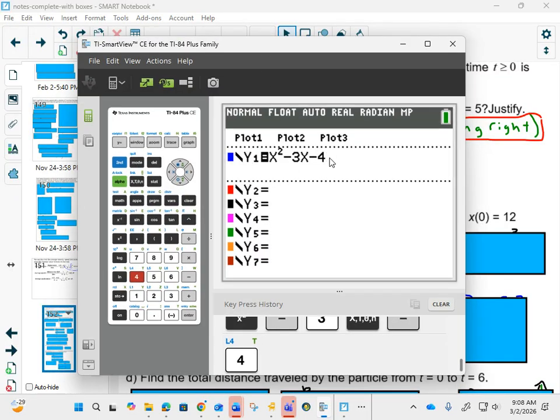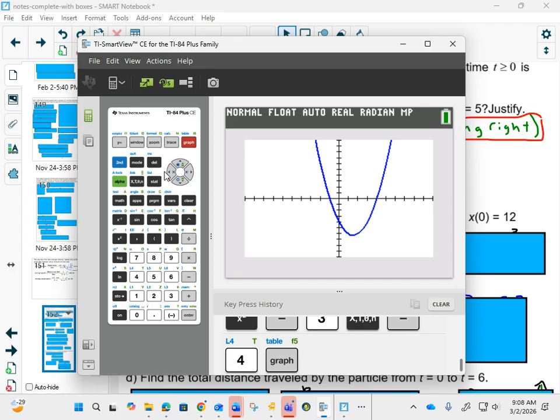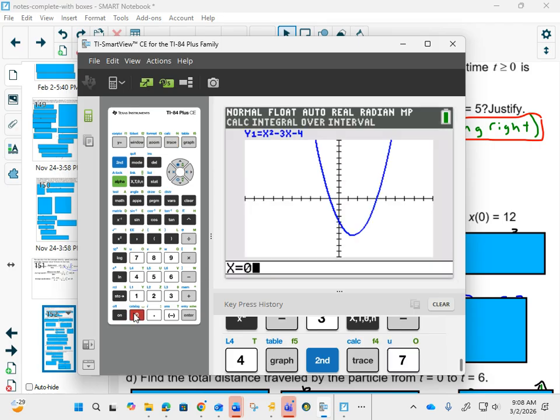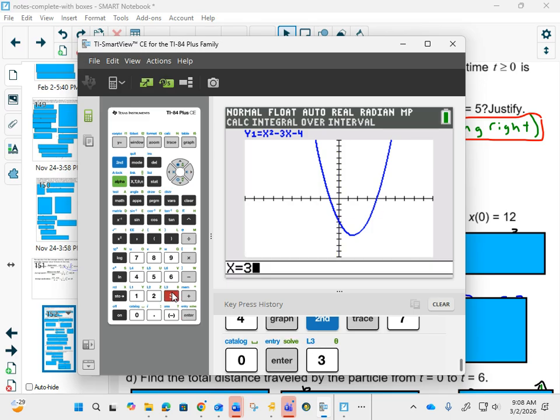So in my graph, I typed in the velocity, and I can graph that. And on my graph, I can go second, calculate, and I can do number 7 from 0 to 3.